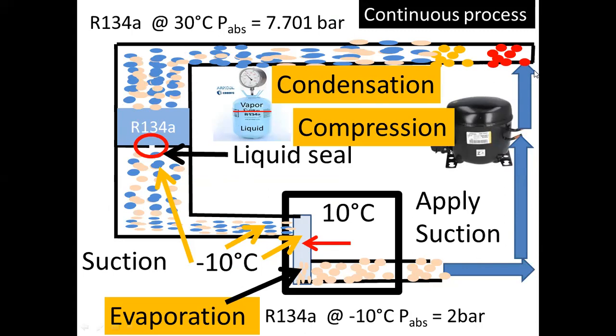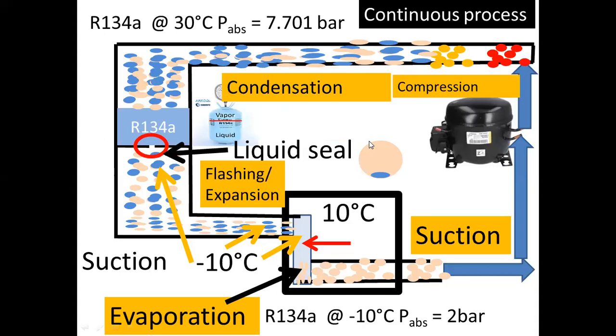Not to say the last, but together with the compressor and the condenser, we develop together here. See, vapor liquid together. You know the gauge pressures and absolute pressures. The processes: flashing or expansion, evaporation, suction, compression. So this is the compressor effect and condensation.